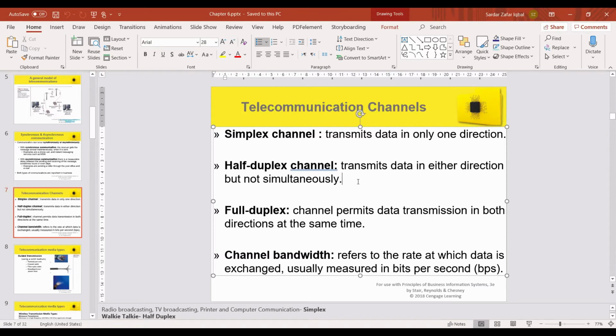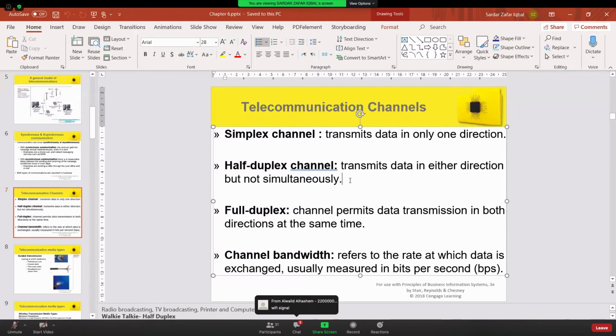Can you give me any example of half duplex? It's very common. Sending a message. I think the thing that the police use. Very good. The walkie-talkie. The policemen, the security guys, even in the university, I think they have security guys.